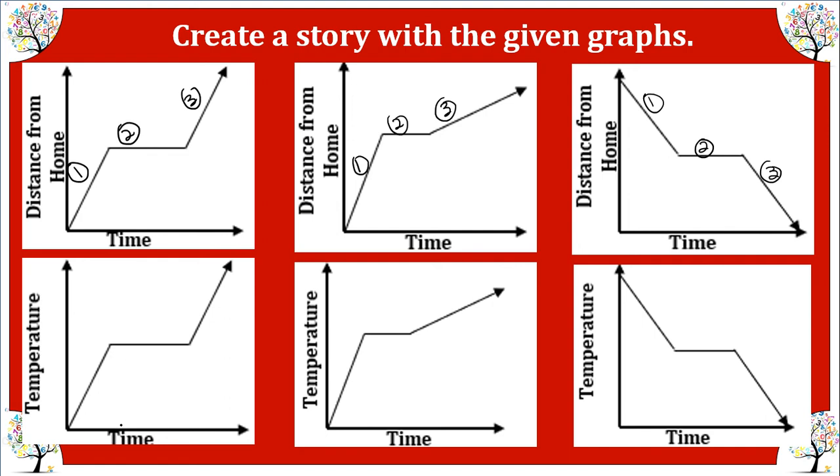In this one, we're talking about time and temperature. So as time goes by, the temperature is increasing. So let's say that we have a cup of coffee in interval 1, and we are heating it up, we are boiling it or we're making it, and then it sits and rests, and time goes by, and it just stays at that temperature, and then we heat it some more, and we can see interval 1 and interval 3 are going up at the same rate of temperature.